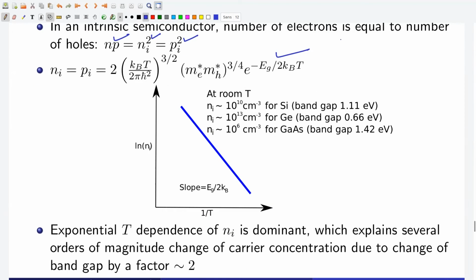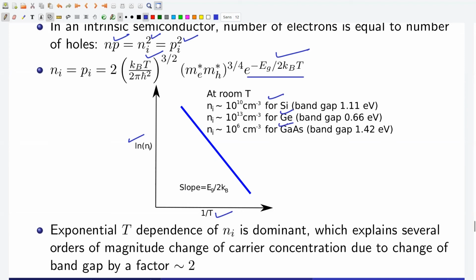Note that intrinsic carrier concentration depends on T^(3/2) as well as exp(-Eg/2kBT). Obviously, the exponential dependence dominates, and if you plot log of ni versus 1/T, you get a straight line. Note that ni values for silicon, germanium, and gallium arsenide differ by several orders of magnitude.